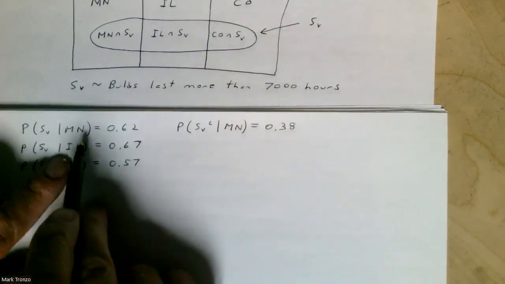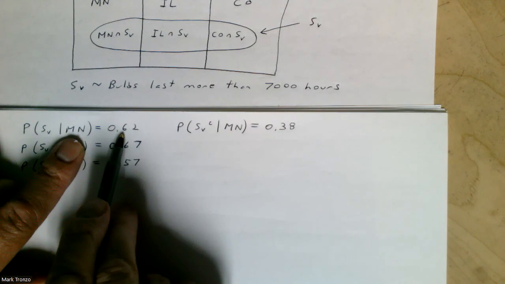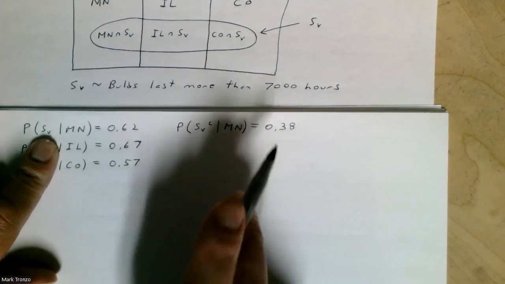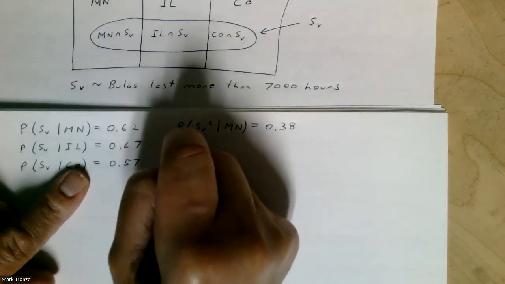In other words, 62% of the bulbs from Minnesota last 7,000 hours. That means 38% won't make it to 7,000 hours.